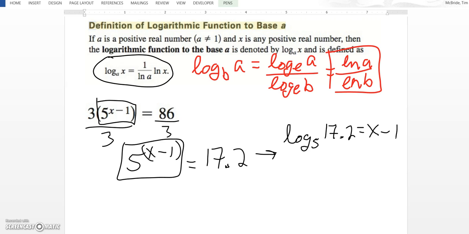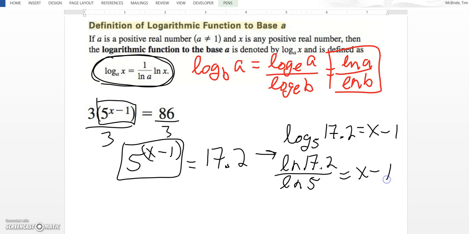Now at this point you have a log base 5. We need to change the base, so we'll use again this fact up here and say the natural log of 17.2 over natural log 5 equals x minus 1.